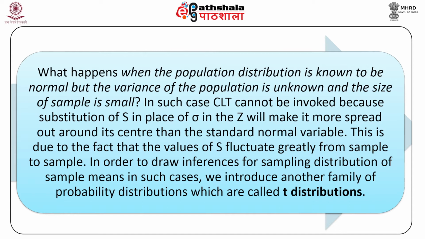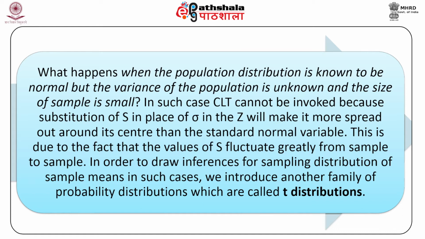In such cases, the central limit theorem cannot be invoked, because substitution of s in place of sigma in the value z will make it more spread out around its center than the standard normal variable. This is due to the fact that the value of s fluctuates greatly from sample to sample.